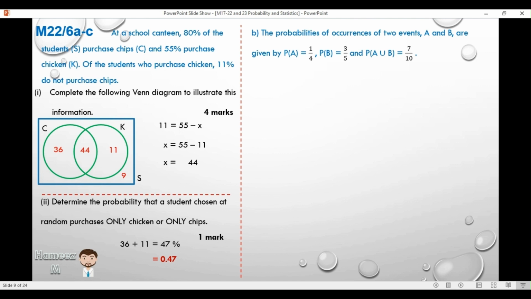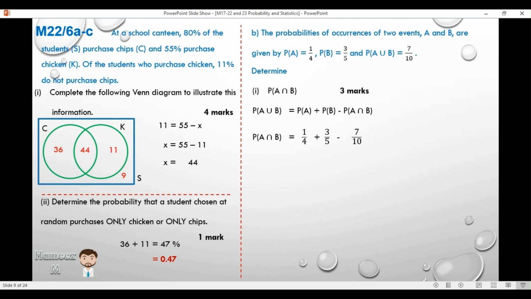So they're asking us to determine the probability of A intersect B. We can write the probability of A union B is equal to the probability of A plus B minus the intersection. And we can substitute and make the probability of A intersect B the subject of the formula because we want to solve for that. So let's bring it across to the left-hand side, and we'll get 1/4 plus 3/5. And if we move the union to the right-hand side, it will be minus 7/10.